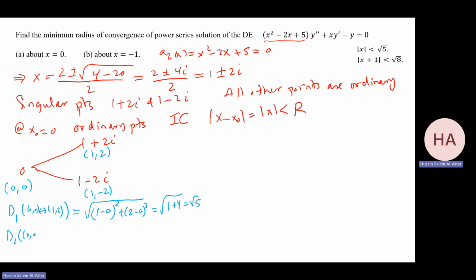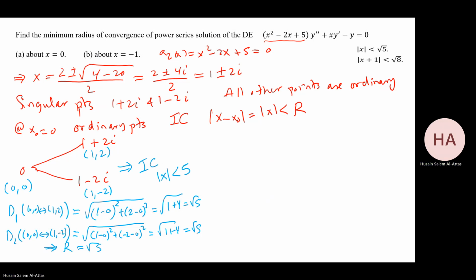Second, that will be (0, 0) to this point, (1, minus 2). Consider it like a point in the real line and the imaginary line. That will be the distance formula, 1 minus 0 squared plus minus 2 minus 0 squared, which is the same thing. Square root of 1 plus 4 equals square root of 5. So what will be my capital R? They are the same. Capital R is square root of 5. So what is the interval of convergence? Absolute value of x less than square root of 5.